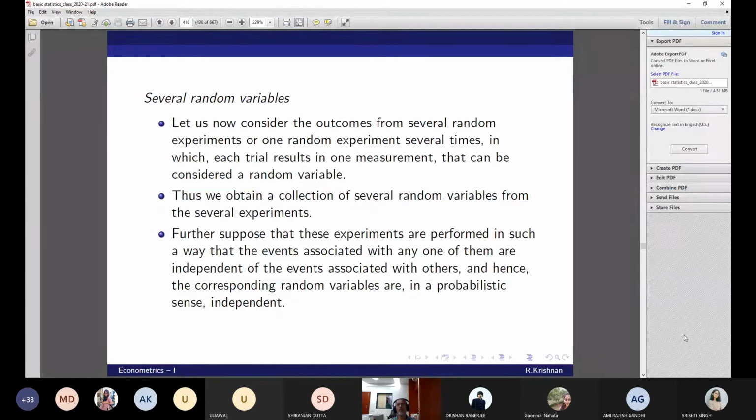Then functions of normal random variables, which will again bring us back to standard normal random variables and the gamma distribution, the chi-square distribution. This is where we are going today. I hope you're all aware that for the test, the portions will be up to whatever we finish today. Okay?